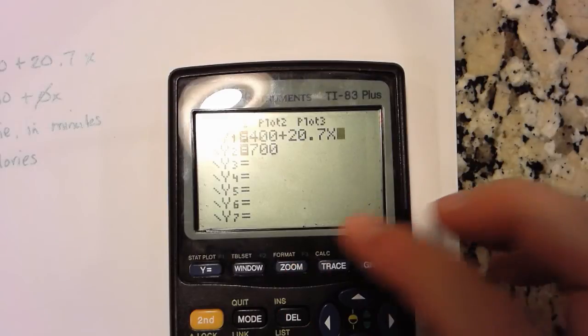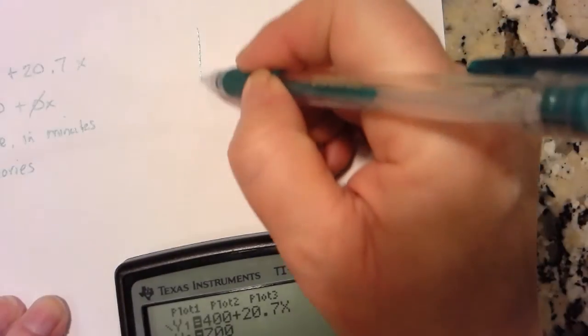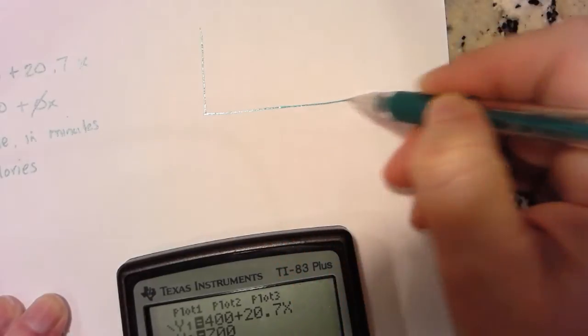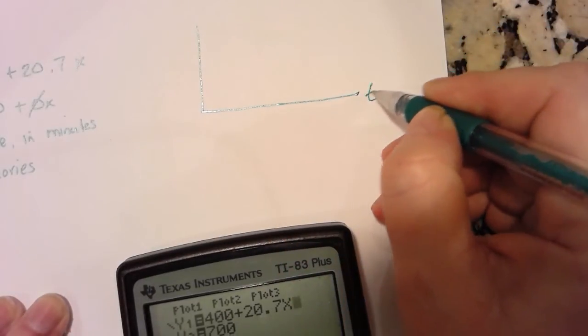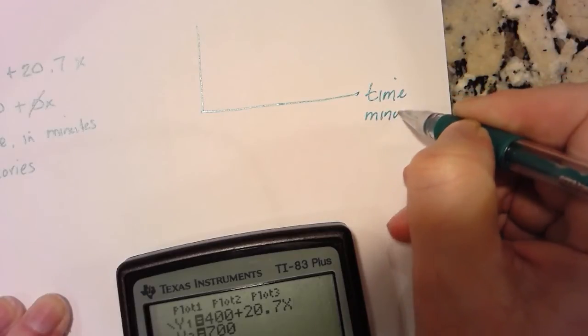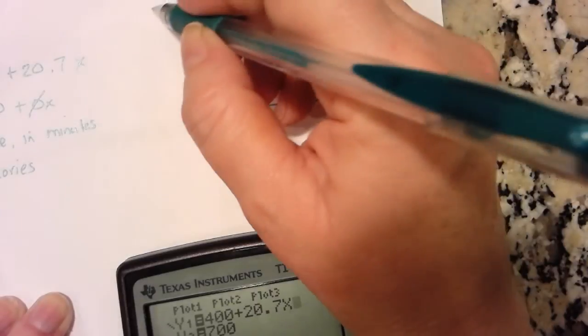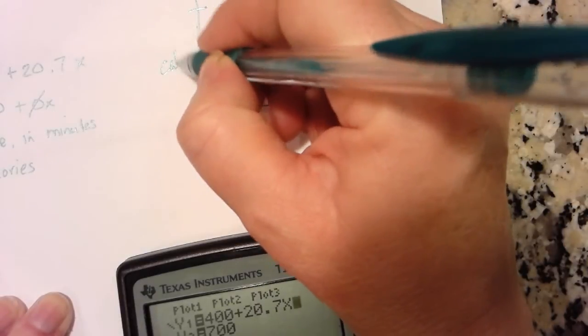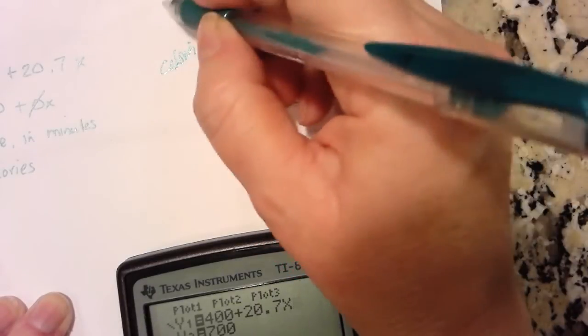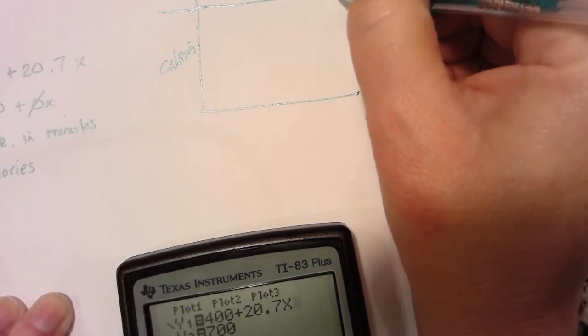Now I want to come to the window. Let's make an estimate of what we think this might look like. If our x-axis is time in minutes and our y-axis is calories, and his goal is 700 calories.